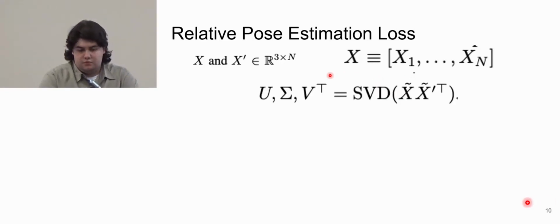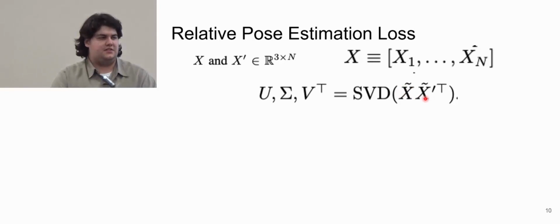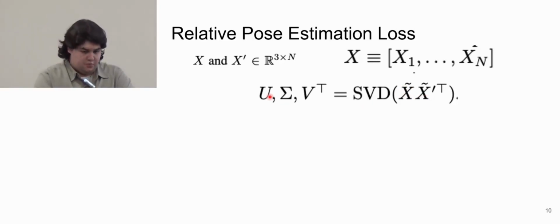And so what we'll do is multiply those two matrices together with the transform, and then take the singular value decomposition on them, such that we end up with these two values here, because it will decompose the matrix such that we get two orthogonal matrices along with the diagonal. We want the orthogonal ones here.